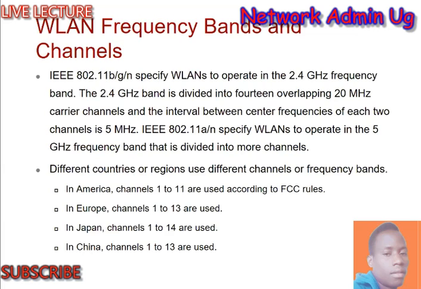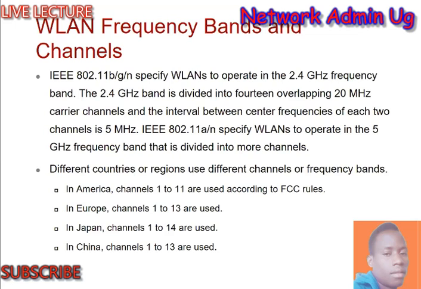We have technologies like 802.11a and 11n, which are specialized using 5 gigahertz, and their channels run at 5 gigahertz. These are also divided depending on the various countries. The 2.4 gigahertz frequency is much more widely used.